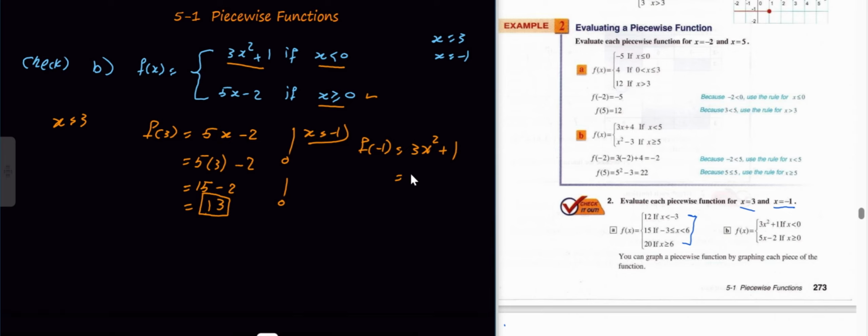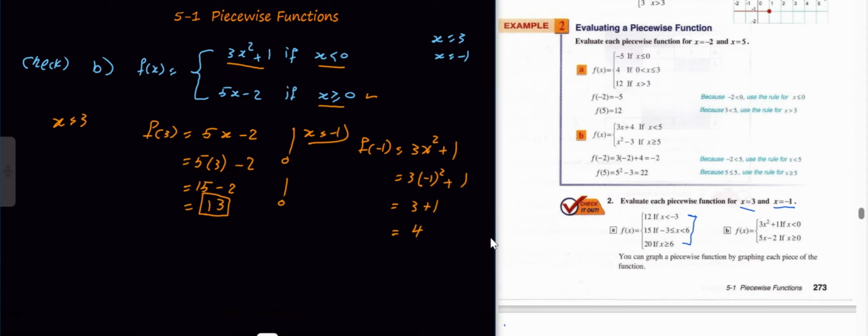When we put -1 here, it will be 3 multiplied by (-1) to the power 2, plus 1. Any number to an even power will be positive. So 3 multiplied by 1 is 3, and we have plus 1 here. 3 plus 1 equals 4. This is how we evaluate a piecewise function.